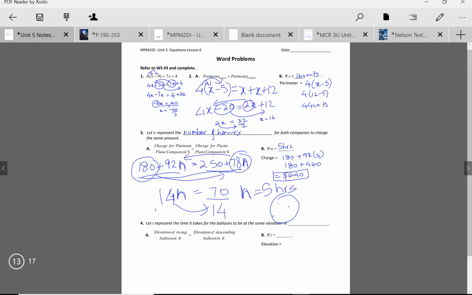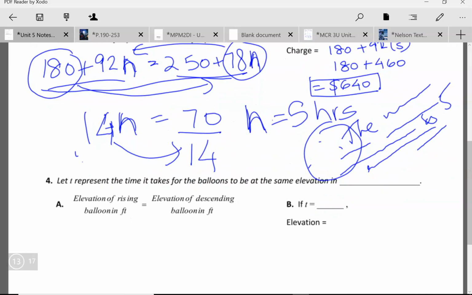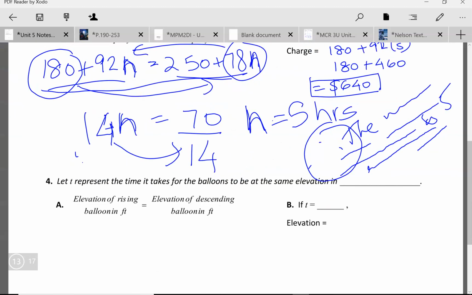Even now you should be writing therefore statements and say the number of hours for which both companies charge the same amount is 5 hours, and that charge is $640. That's your therefore statement, right? So you should make sure to write that.